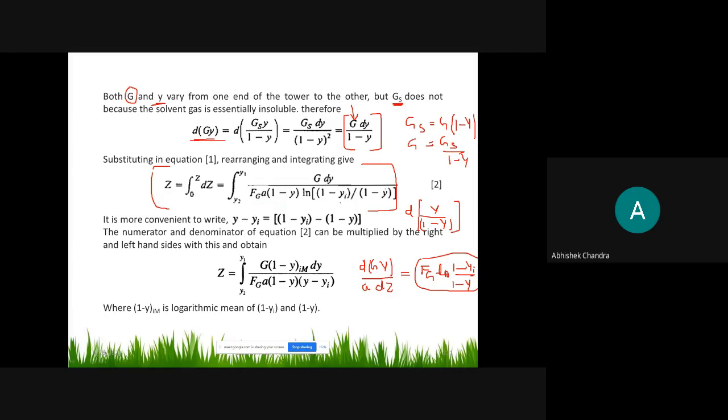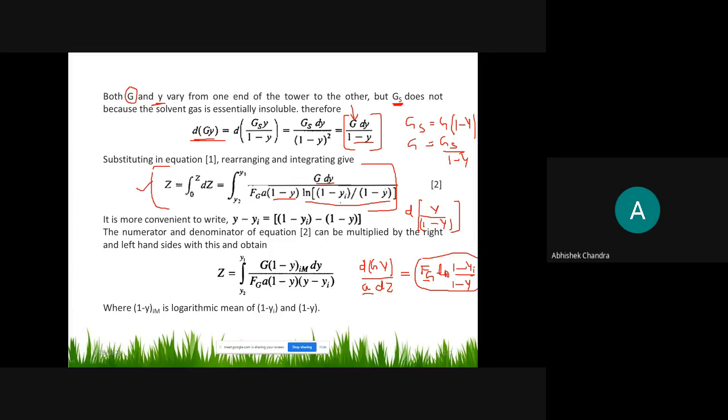Look, Fg into a ln this 1 minus yi, this is, and when you are expanding this, dGy you can write as G 1 minus y into dy. So 1 minus y comes into the denominator, and the numerator G dy. So you will get this after rearrangement.